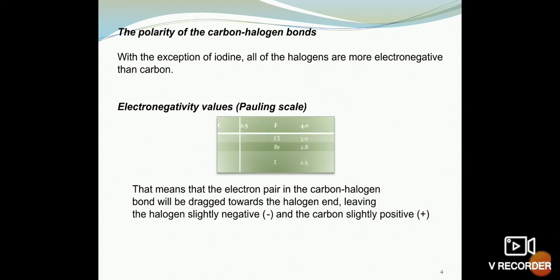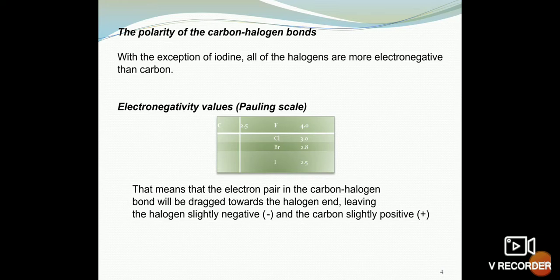The polarity of the carbon halogen bonds. Now, why does the carbon halogen bond break? It is due to the polarity of the carbon halogen bonds. With the exception of iodine, all of the halogens are more electronegative than carbon.